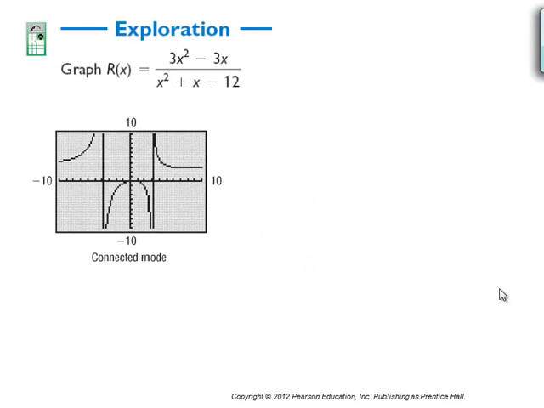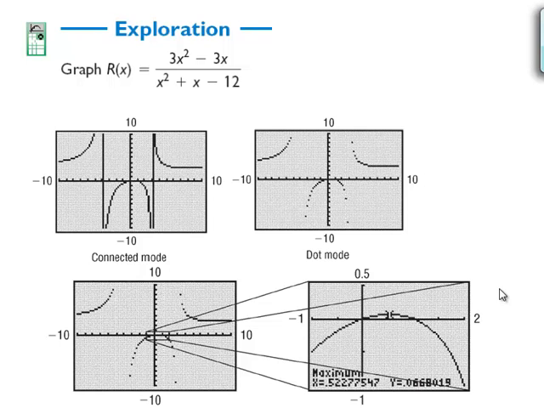Here's another example, where after you have already sketched the graph, you can put it in your graphing calculator and see if you can make it look like this, either in connected mode or dot mode.